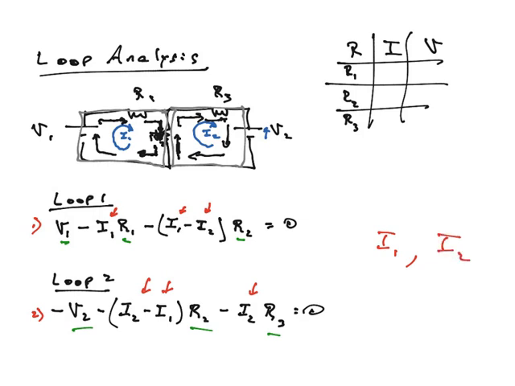Once I know these two, I could start filling in the table. Because what's the current hitting R1? Well, it's just I1. What's the current hitting R3? It's I2. What's the current hitting R2? Again, I1 and I2 are both hitting it, but they go in opposite directions, so I subtract them: I1 minus I2. And then you get V from V equals IR.